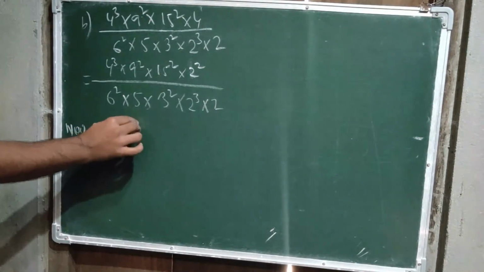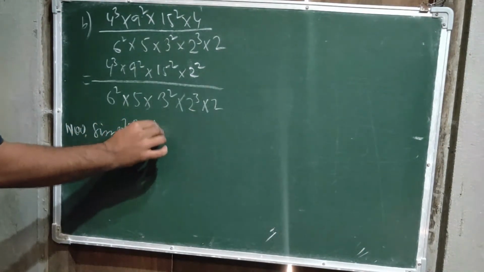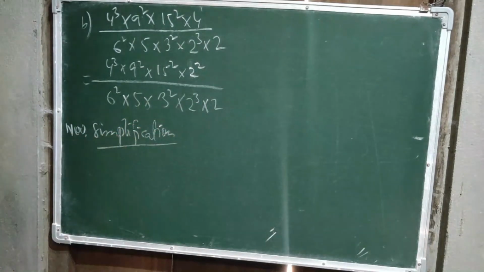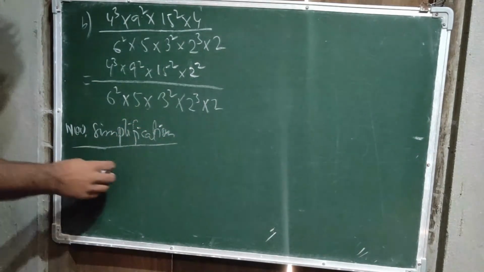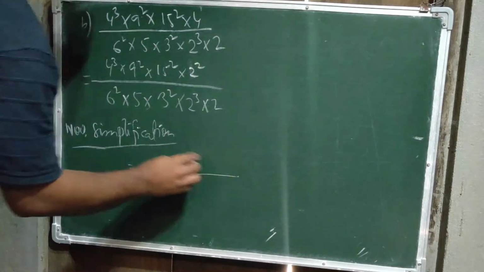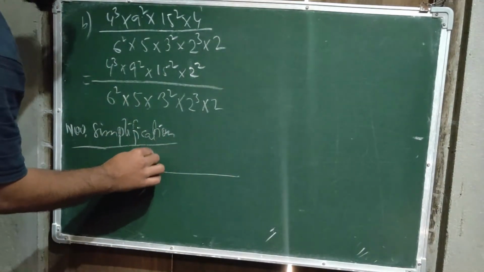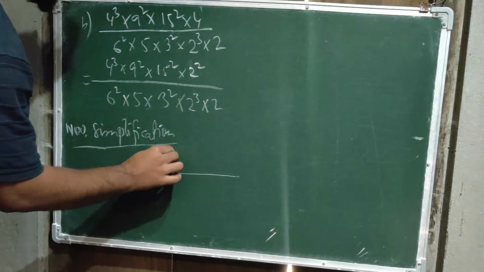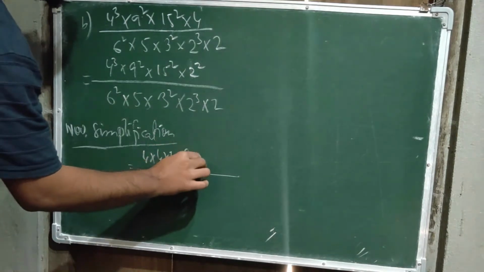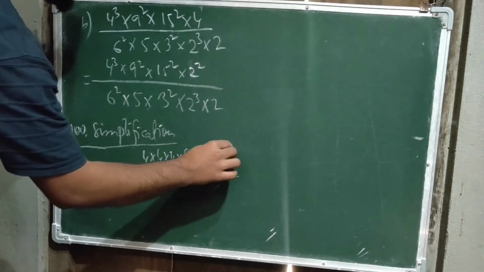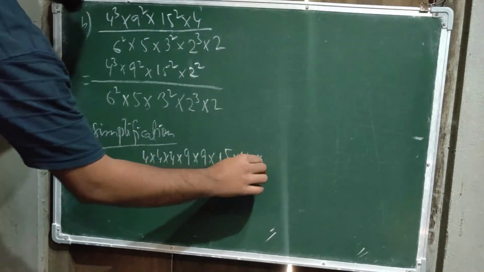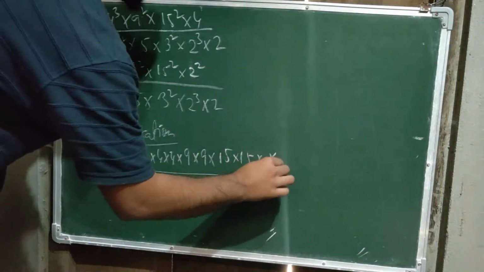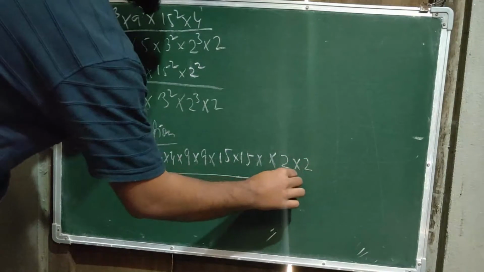Simplification. So 4 will put 3 times, 9 will put 2 times, 15 will put 2 times, again 2 will put 2 times.